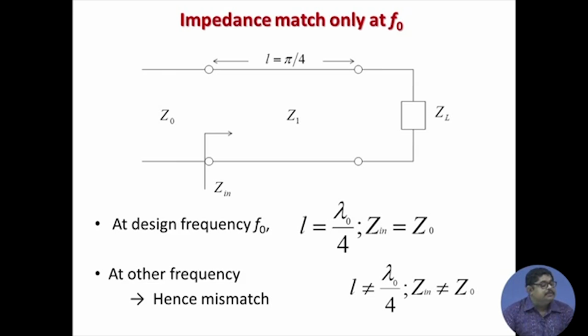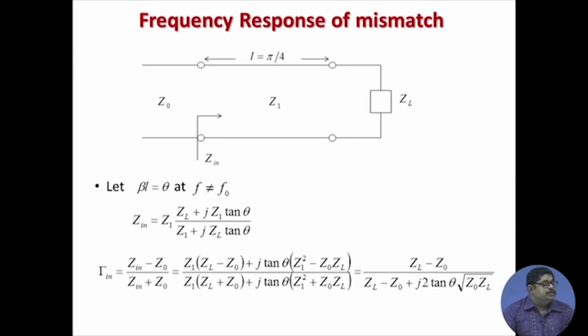Let us write an expression for that mismatch. You see this is the mathematics. Again, as we have seen in the case of stub matching, beta L, the electrical length of the transmission line, should be expressed as a function of f. That we have done and written here.